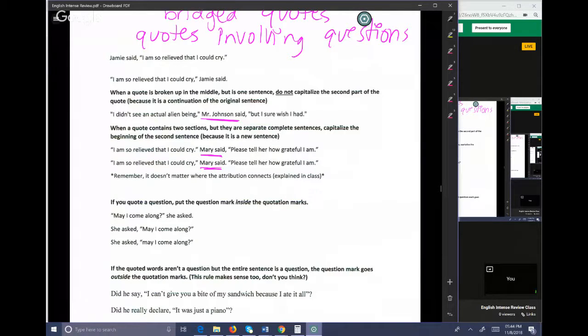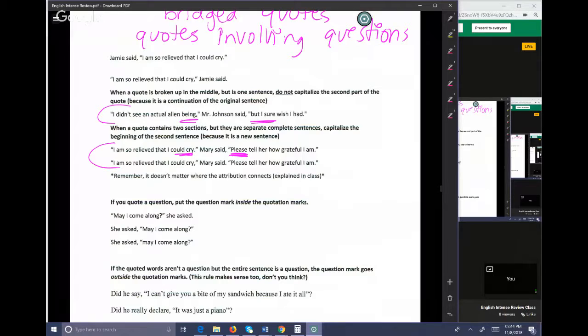And if you interrupt what I said, so if you're quoting me and you interrupt to say that it's me talking, the two possible instances are you could be interrupting literally in the middle of a sentence, or you could be interrupting between two sentences. Either way, when you see a bridged quote, it is two things that go right together as part of the same moment of speech for whoever you're quoting.